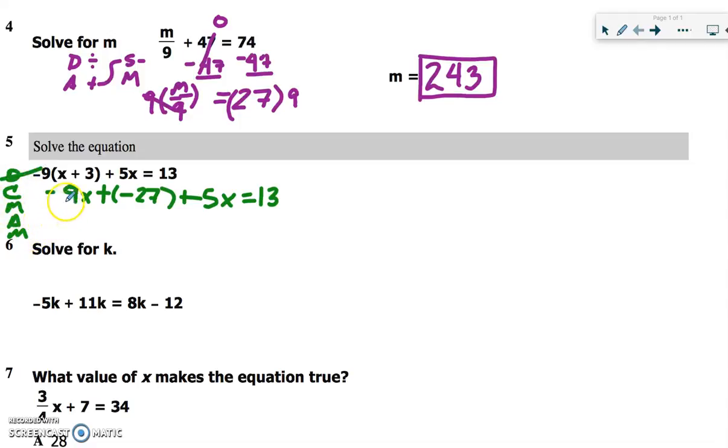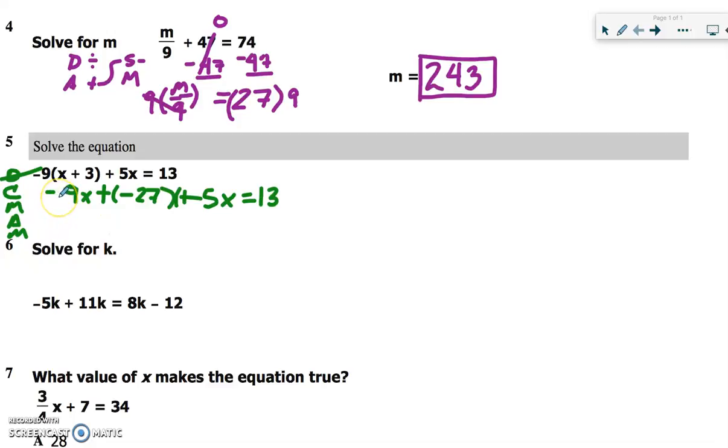Now we need to combine like terms. Okay, don't pay attention to the equal sign or anything on the other side. Let's just look to the left. Look for your like terms to the left. Negative 9x looks a lot like positive 5x. Remember, take the sign that is in front of each term, and that tells you what the sign is of the term.